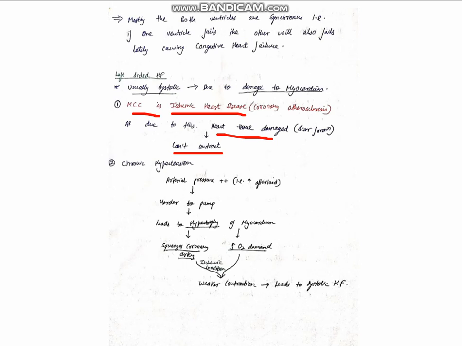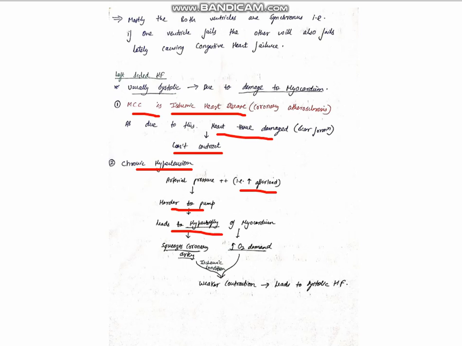The second cause of systolic left-sided heart failure is chronic hypertension, in which due to hypertension, the arterial pressure will increase and there will be an increase in afterload. As the afterload increases, it will make it harder for the heart to pump, and which will lead to hypertrophy of the myocardium.